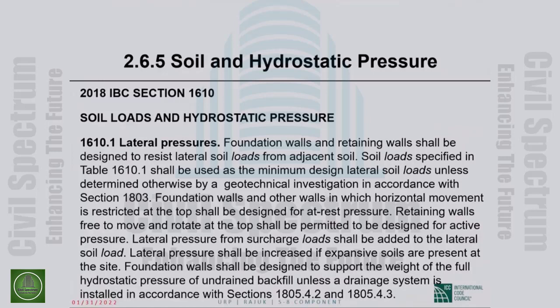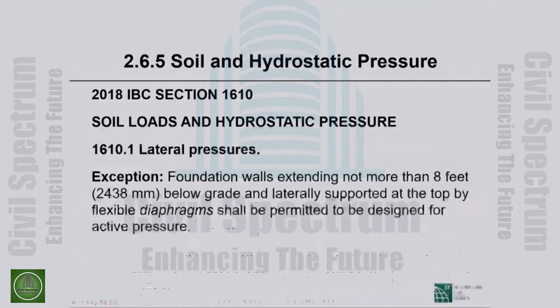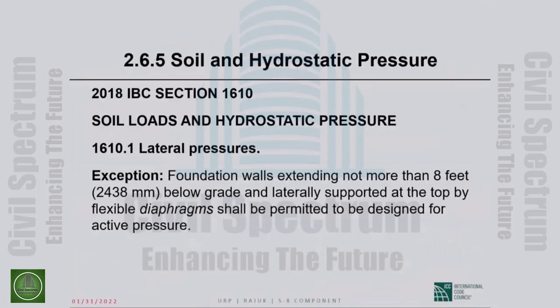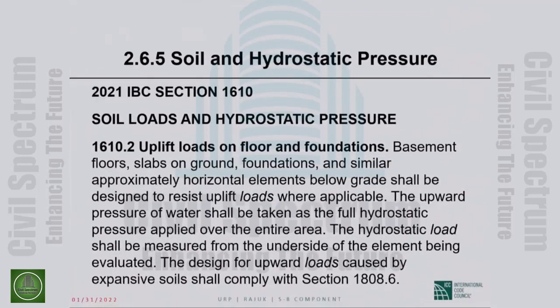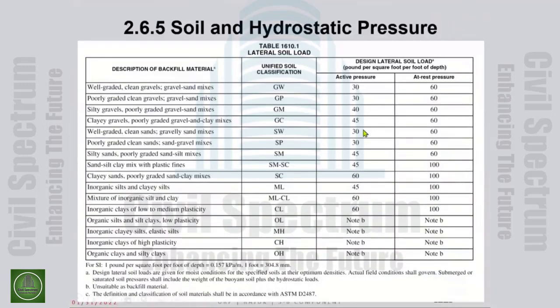take you through this, but in the IBC, this topic is treated. IBC, I just want to show you, has this table that you can use. The soil classification comes from this ASTM D2487. Okay, well graded, clean gravel sand mix.